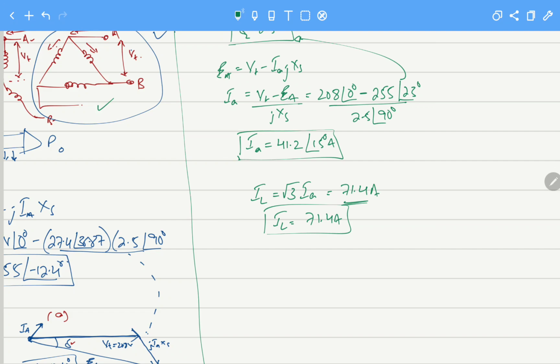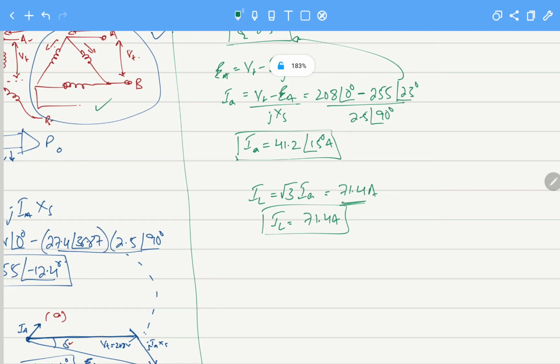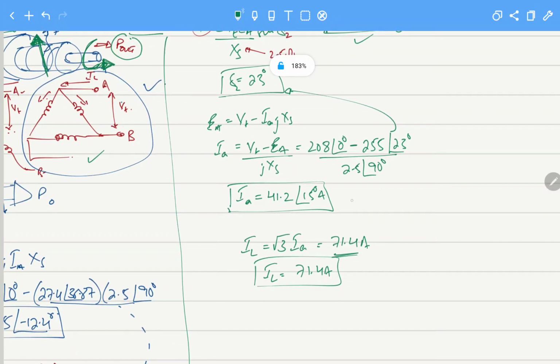Also, if you want to find the power factor, it is the angle between current IA and voltage VT.